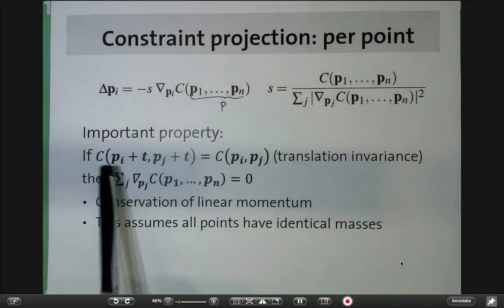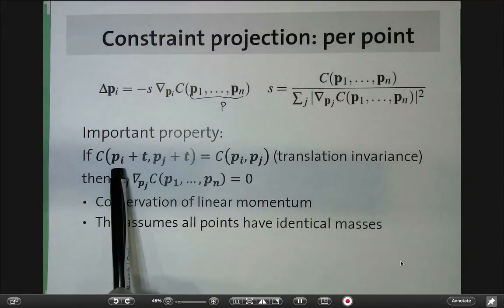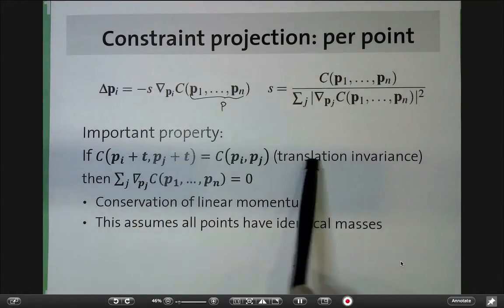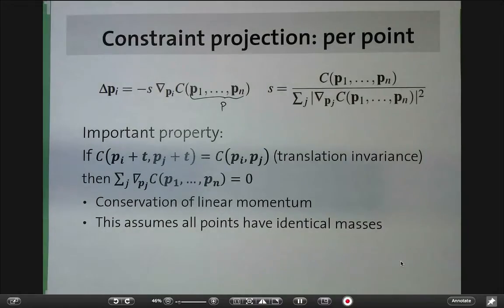Now, the important property we need is translation invariance of the constraints, because from this will follow conservation of linear momentum. So that's an important point about the constraints. The constraints, at least these types of constraints, are there to simulate, or sort of sidestep, the internal forces in the system. And the internal forces of the system have the property that they cannot really change the center of mass, right?